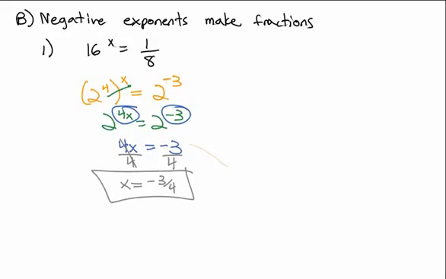Let's try a couple more examples with these negative exponents. How about we do 64 to the 2x plus 3 equals 1/8 to the x minus 1.